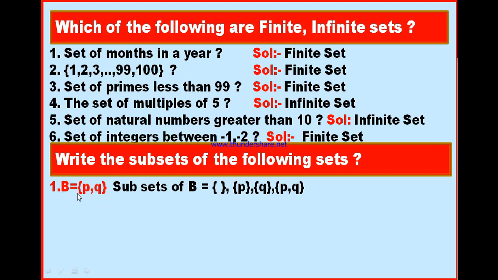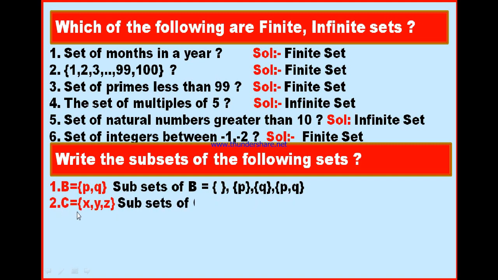I have given a set B with elements P, Q. We are asked to list out all the subsets of the set B. Of course, we know that an empty set is a subset of every set. Therefore, write an empty set first of all. Next, the set containing the first element, that is set {P}, set {Q}, and the set with both the elements {P, Q}. If set B contains 2 elements, then the number of subsets is 1, 2, 3 and 4.